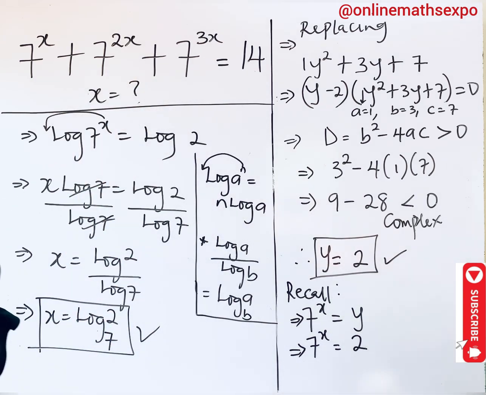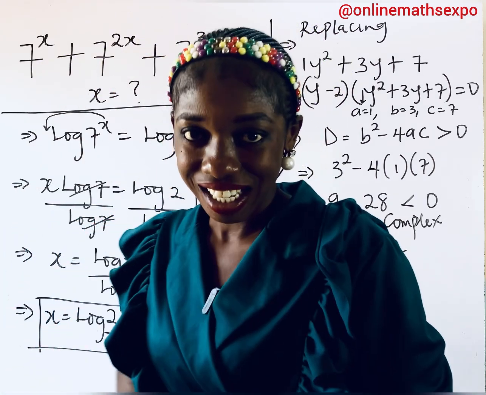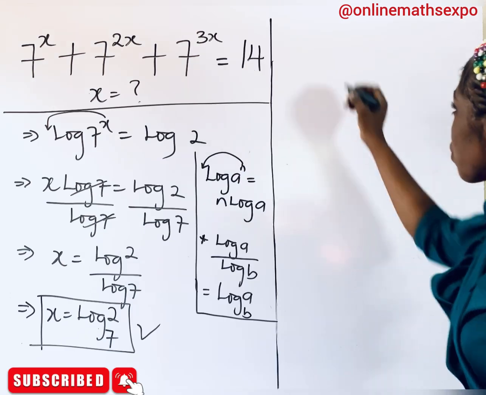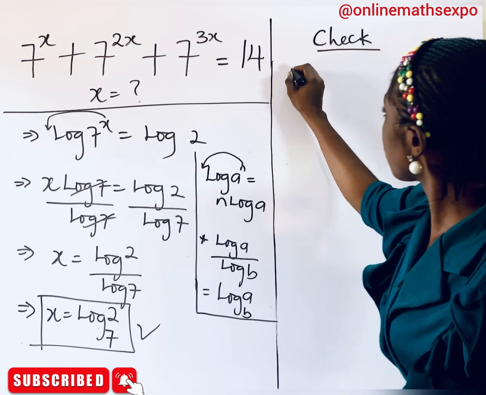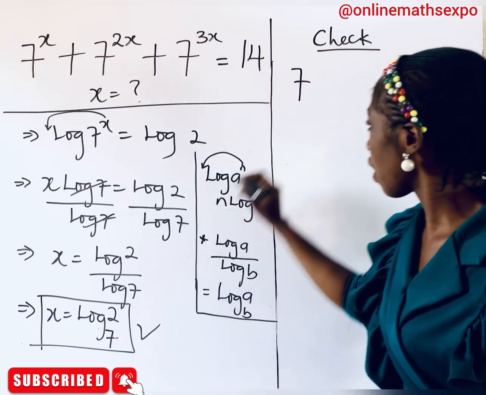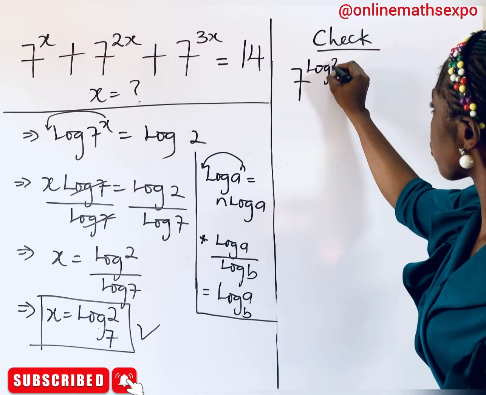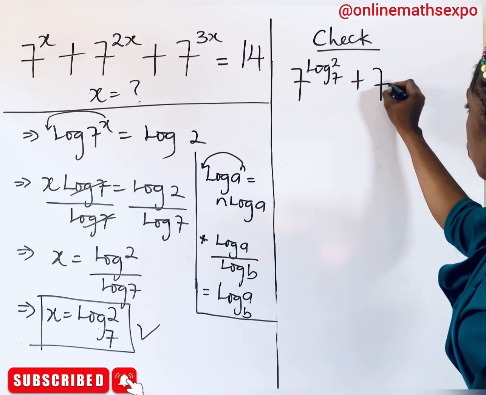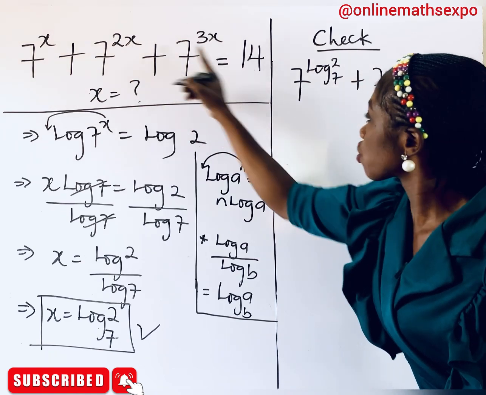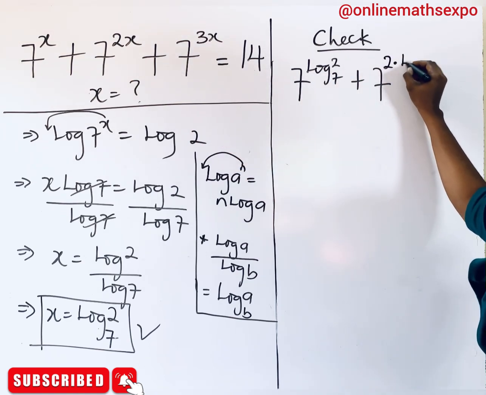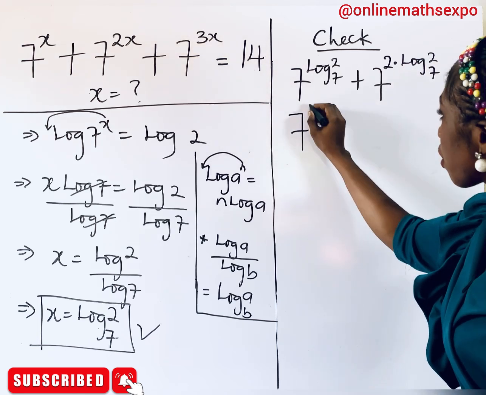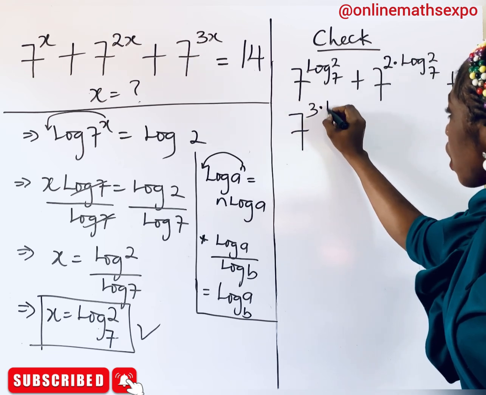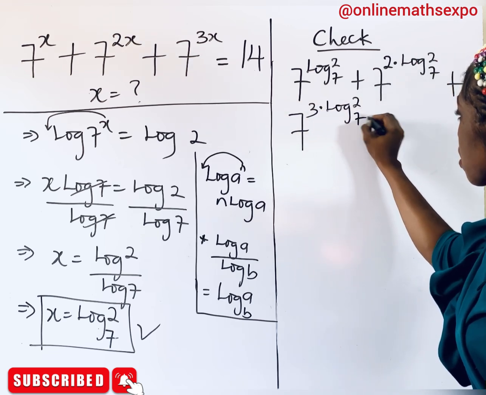But we are going to check to know if our answer is correct. To check, we have 7 to the power of x, so it becomes 7 to the power of log of 2 base 7, plus 7 to the power of 2 multiplying log of 2 base 7, plus 7 to the power of 3 multiplying log of 2 base 7.